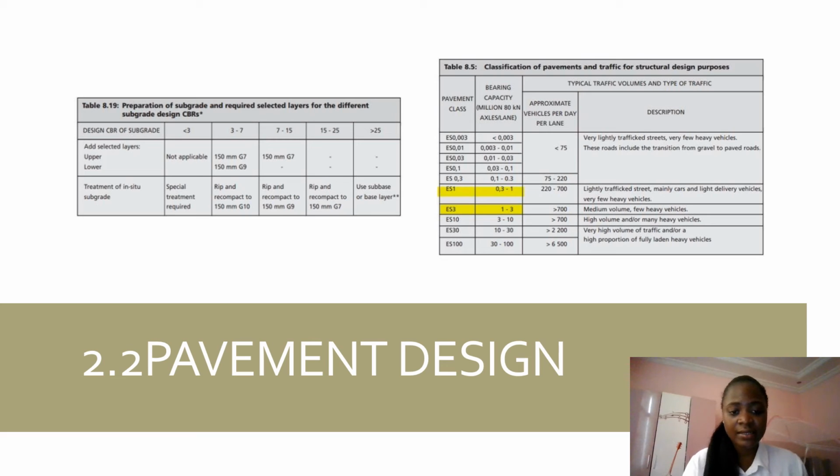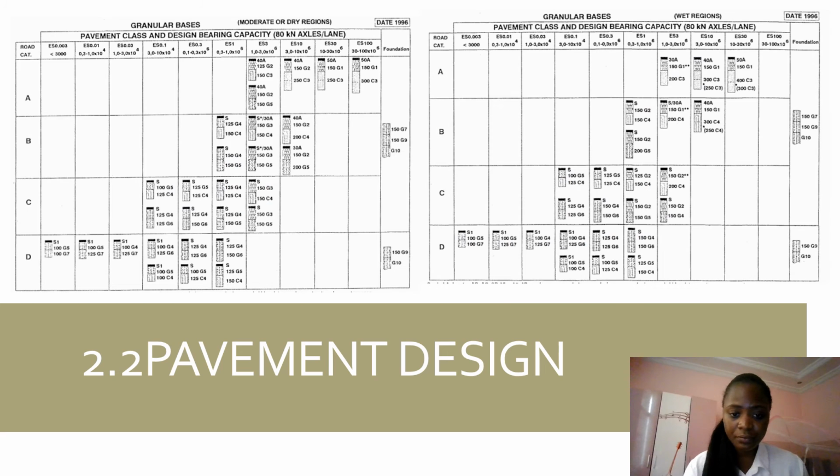Here we could see that from the TRH4 that I previously mentioned, they provide categories of materials and the thickness for the different CBR ratios that could be found in the project road after the surveying. And on the right hand side, we can also see the classification of the traffic based on the counting that we will also do in the preliminary work.